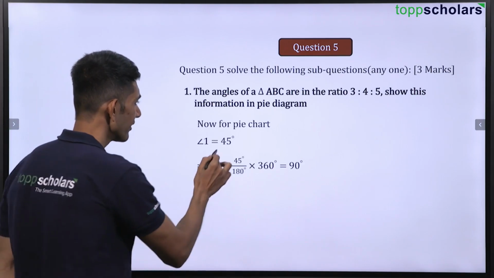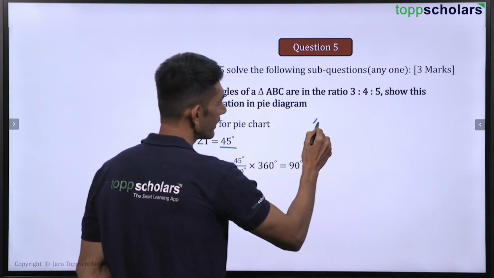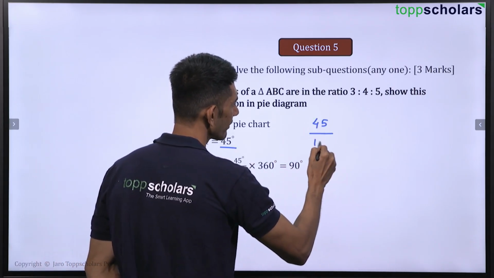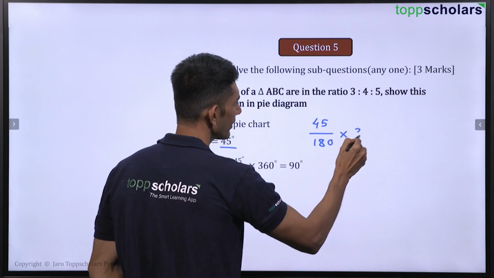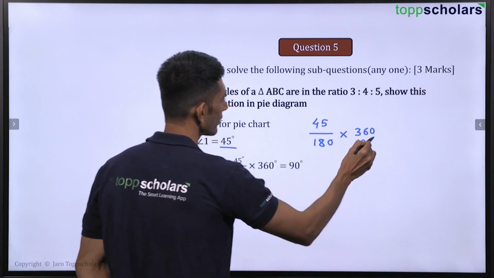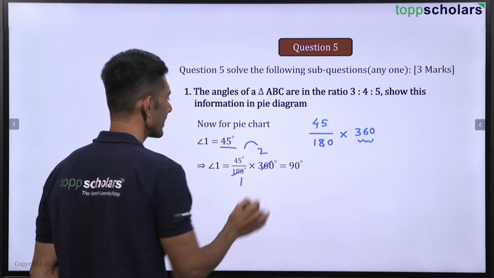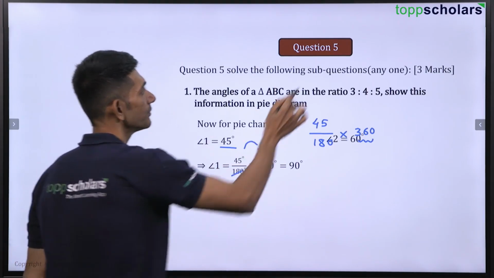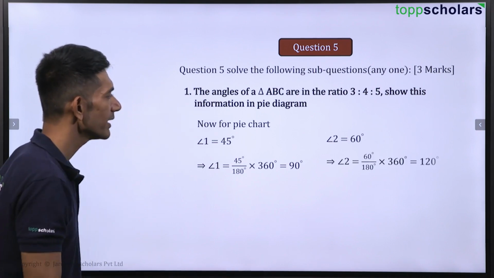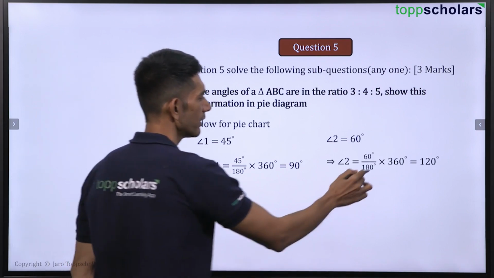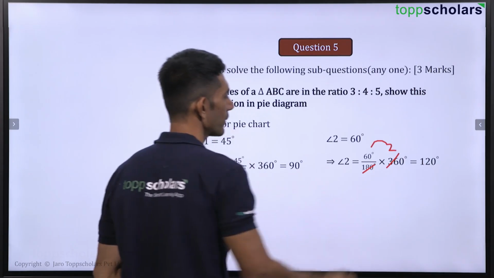Obviously, to have this as a pie chart, can I say this is 45 degrees out of 180 degrees multiplied by 360, because the measure of the circle is 360. So 18 ones are 18, this is 2s are 2, this becomes 90. The second angle is 60, so 60 by 180 multiplied by 360. Again, 6 twos are 12, so 120.